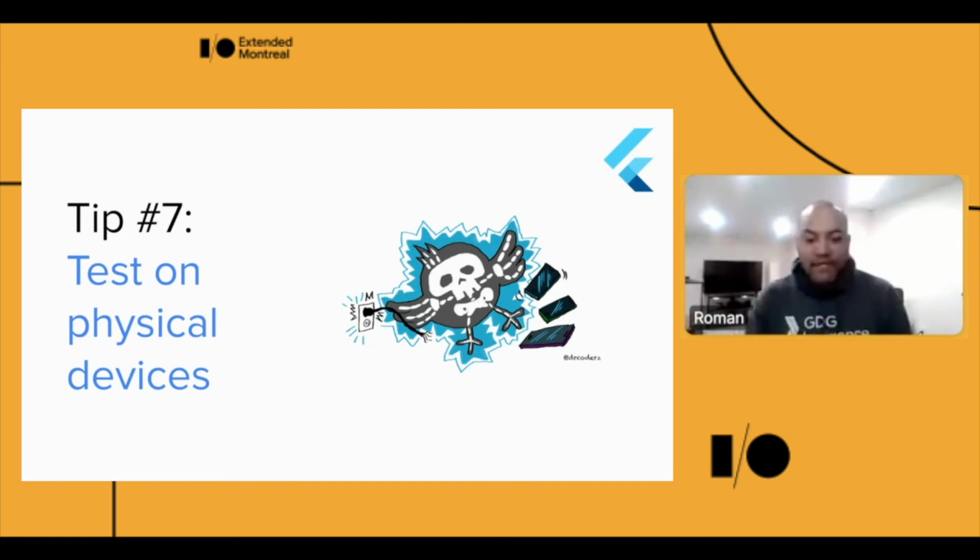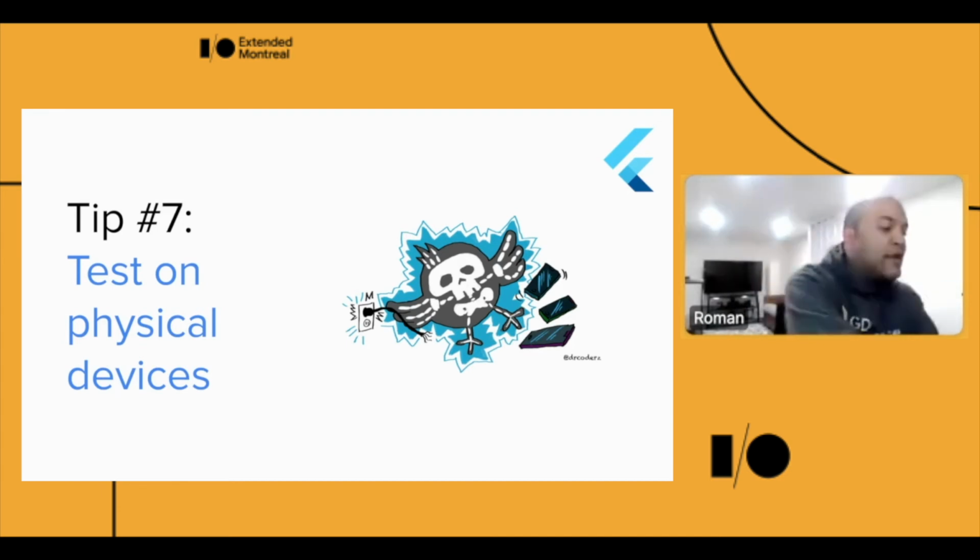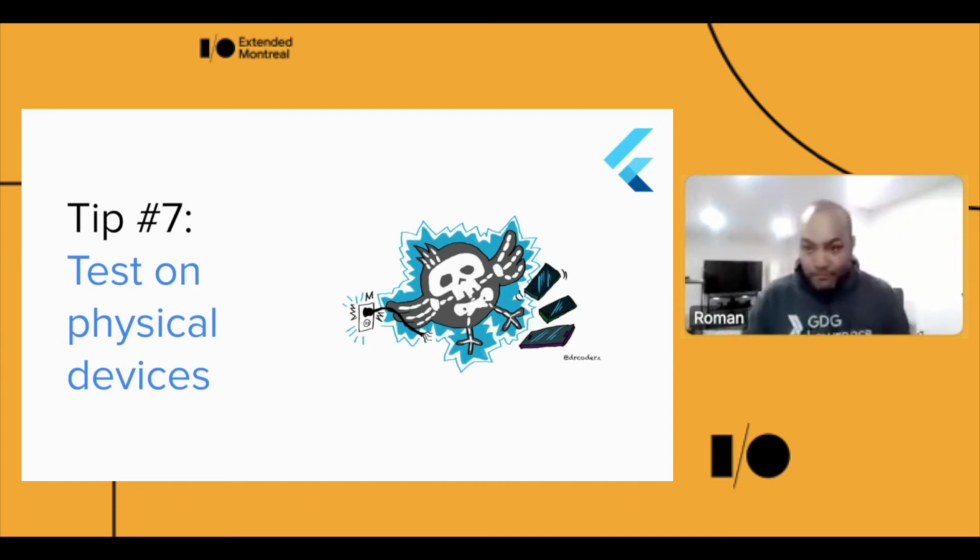Do not use as an excuse that you can't buy a Samsung Galaxy, $1,000 device. You don't need a $1,000 device. You can use one of these devices that I'm going to be raffling, which is an amazing device, as your developer device, and you don't have to break the bank. So test on physical devices before you put your applications out there.